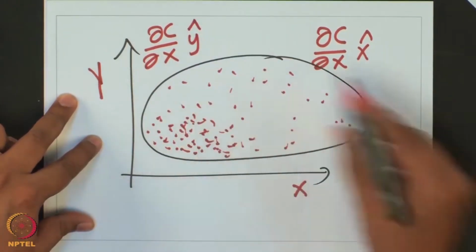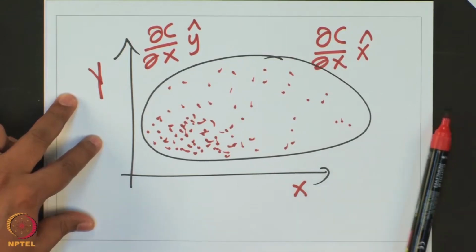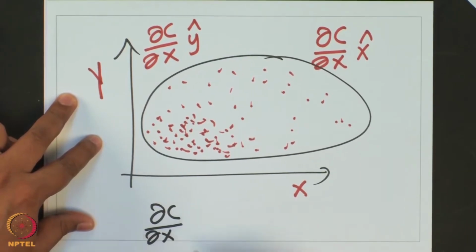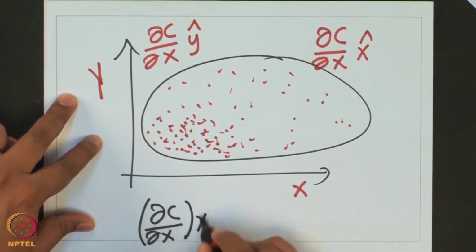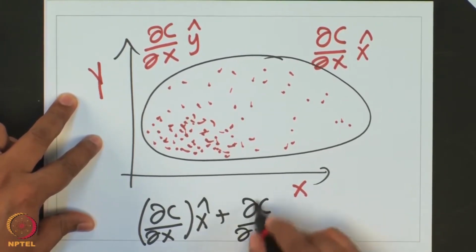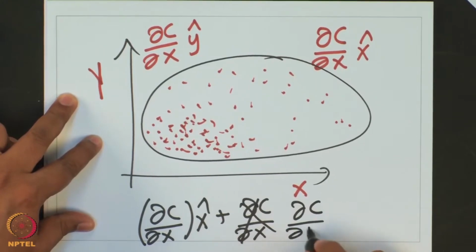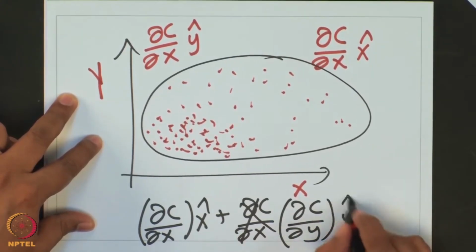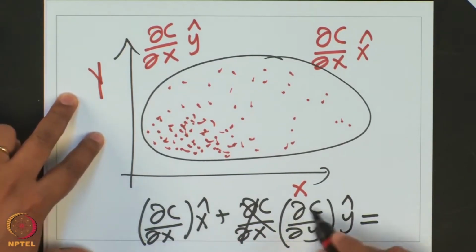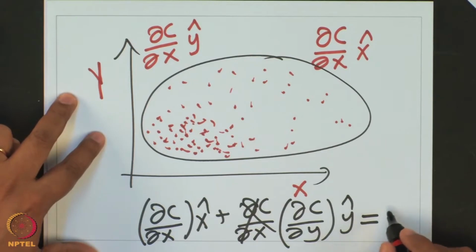So these two things combined together, I could write del C by del x, which is the concentration change along x cap, plus concentration change along y cap, which is del C by del y along y cap. This together, if I calculate this will be a number. If I calculate this will be another number. Together there will be some vector which is called the gradient vector. Let me call it G at the moment. It is the gradient vector.